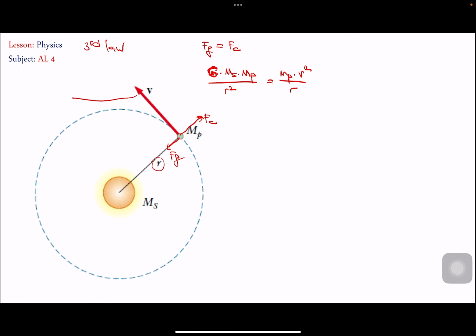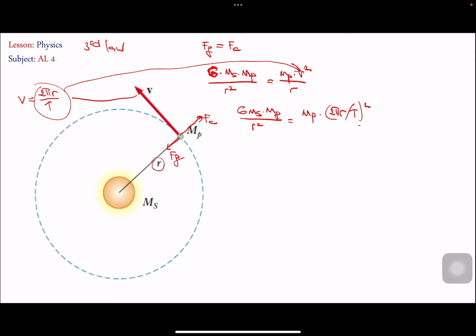I know that speed in circular motion is equal to 2πr over T. So if I plug this expression in instead of v, things will change a bit. So my G times mass of sun times mass of planet over r squared will be equal to mass of planet times 2πr over T, the period, squared, and in the denominator I have the r again.